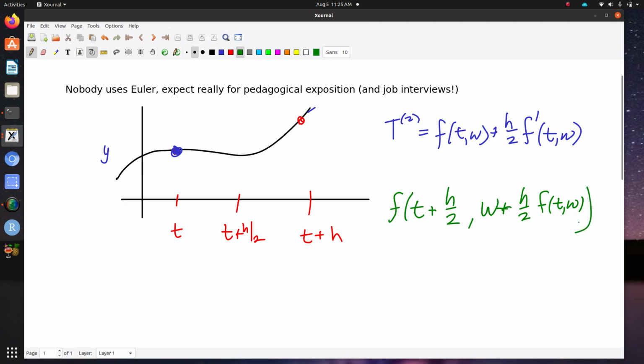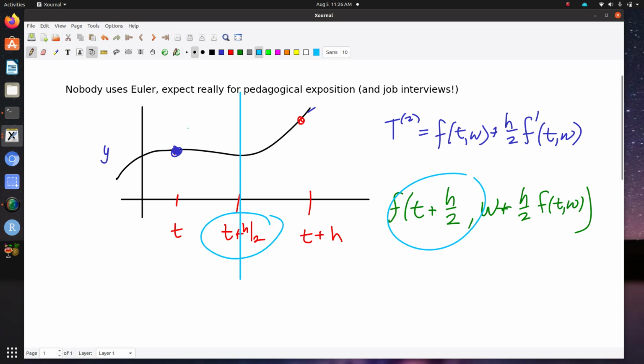So what does this mean? Let's tear this apart. The easy part is this part. This just means that as our t estimate, we're going to go halfway between our current t and our future t. So that seems reasonable. So we're just lined up along here, and somewhere on that blue line, we're going to pull off a derivative that we're then going to apply down here at our starting point.